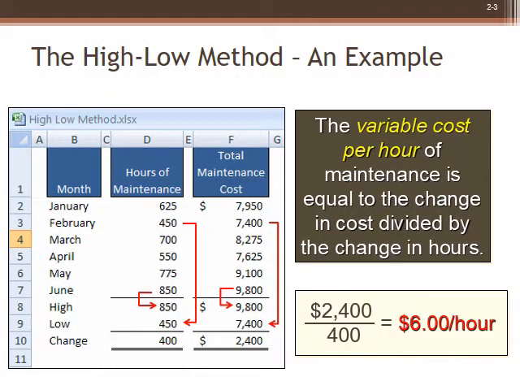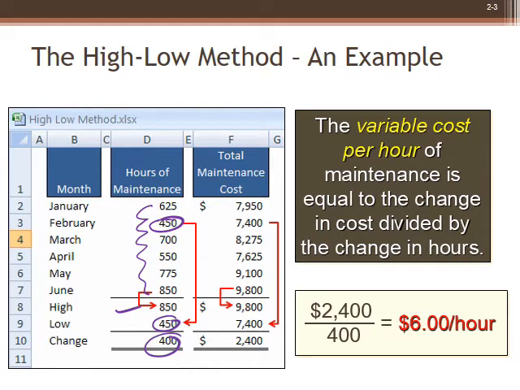So the high-low method example: how are we going to find out the variable cost? Through the high-low method, you need to find the highest amount in the hours of maintenance. So what is the highest one? You just find the highest one, which is 800, and subtract the lowest one, and the answer is 400.